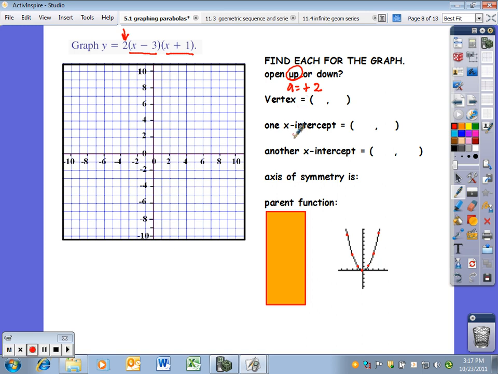So let's find one of my intercepts. X minus 3 equals 0. Add 3, x equals 3. (3, 0), one of my intercepts. My other intercept will come from x plus 1. That equals 0. Subtract 1, x equals negative 1. (Negative 1, 0).